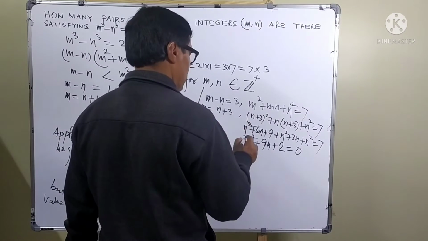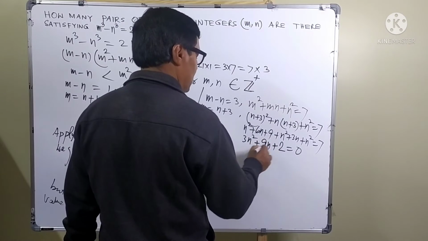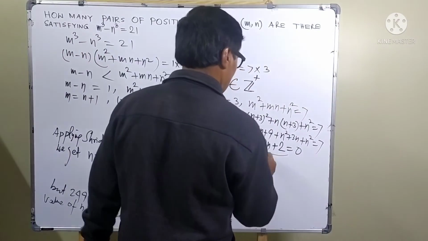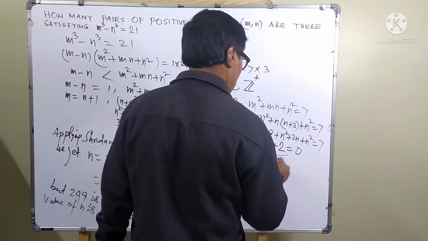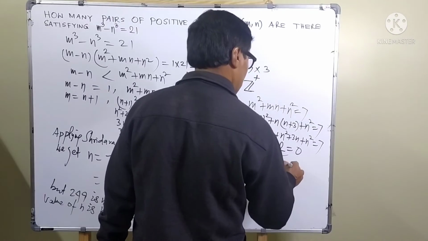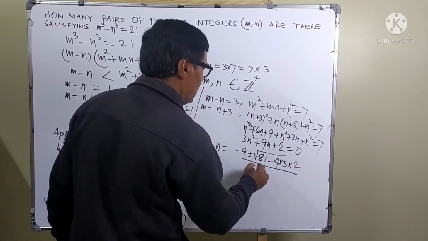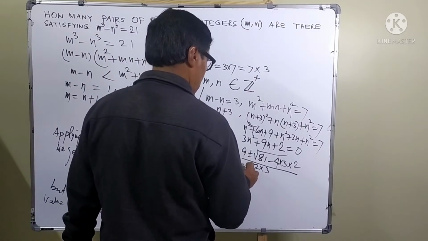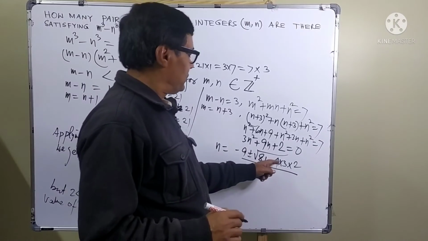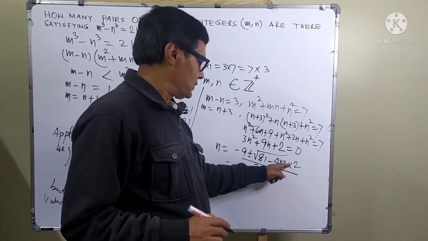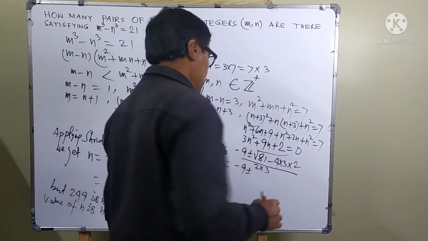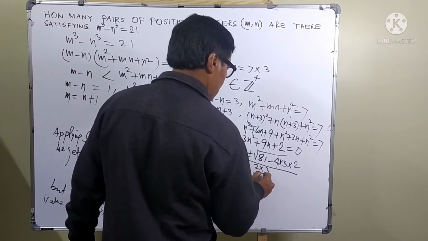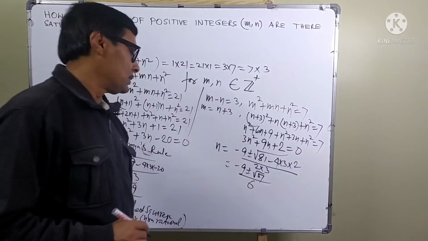Applying this rule, we get n is equal to minus b, that is minus 9, plus or minus square root of b square, which is 9 square, that is 81, minus 4ac. a is 3 and c is 2, so 4 multiplied by 3 multiplied by 2 is 24. This is over 2a, that is 2 multiplied by 3. We get minus 9 plus or minus square root of 81 minus 24, that is 57, over 6.